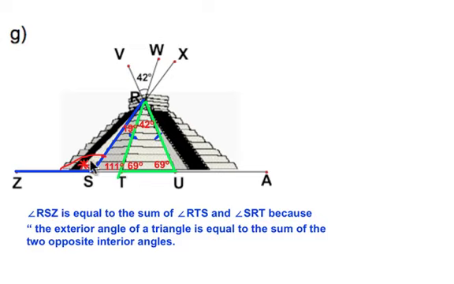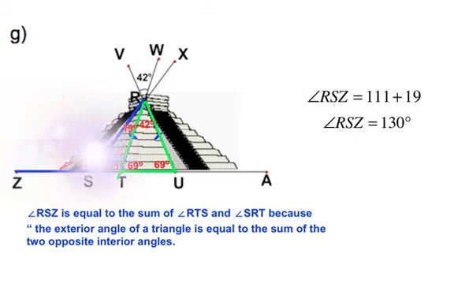And the property of the exterior angle is that an exterior angle of a triangle is equal to the sum of the opposite two interior angles. So that means that RSZ is equal to the sum of 111 and 19, which works out to be 130 degrees. So the answer to our question then is angle RSZ is equal to 130 degrees.